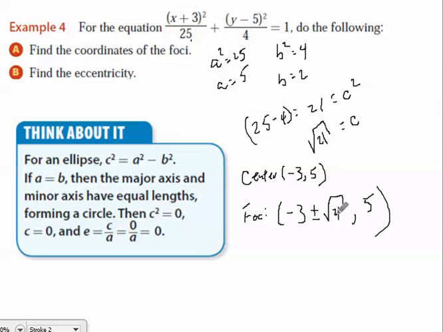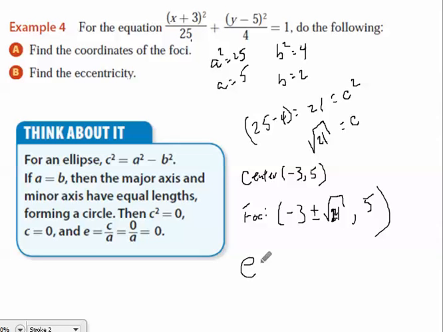Now why did I do it that way? Why did I add it onto the x value and not onto the y value? Because it's only on the major axis that the foci exist. The foci don't exist on the minor axis. They only exist on the major axis. Major axis was the x, and so I added it and subtracted it from that, and that's where my foci would be located.